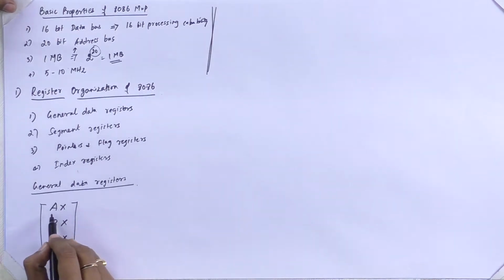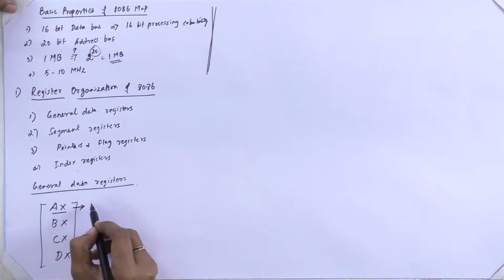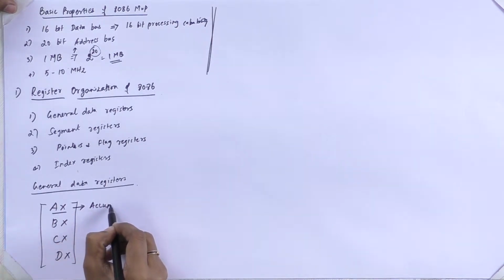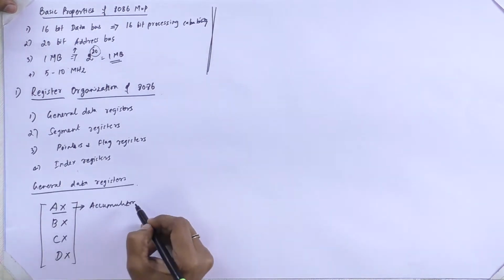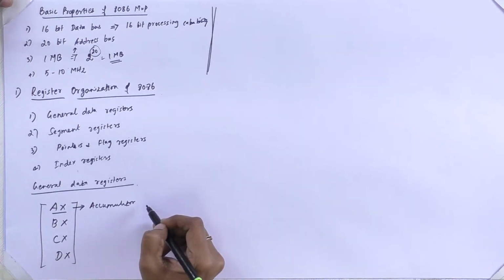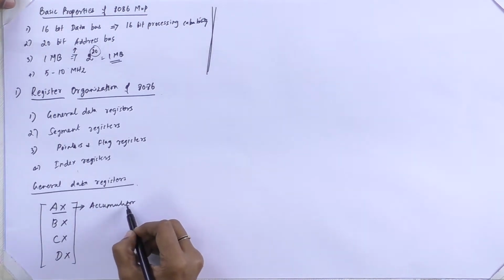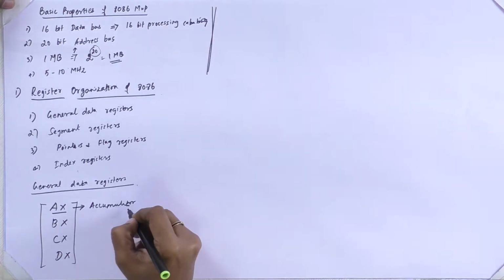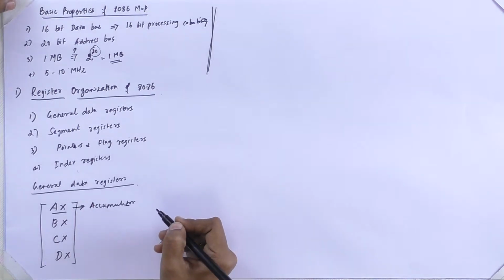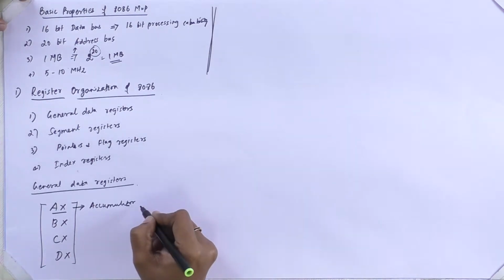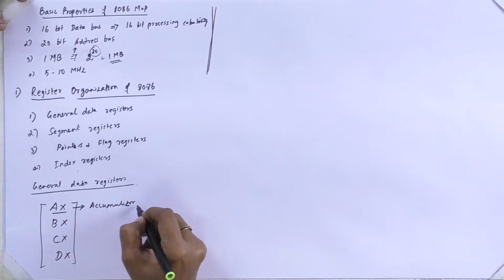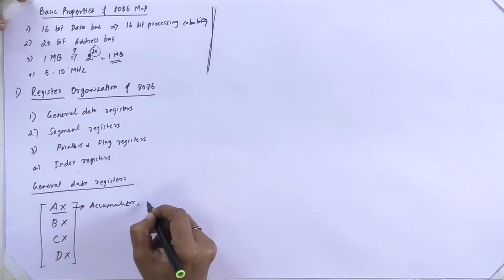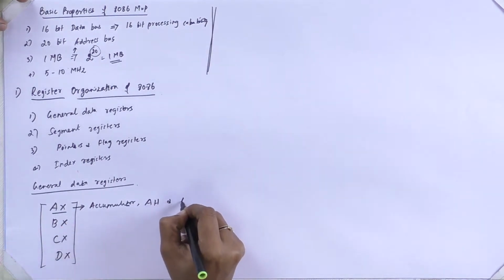This AX register is used as accumulator in 8086 microprocessor. This accumulator will hold data values of 16 bits, and if the processor wants to process any 8-bit data, that is also possible, such that AX is further classified into AH and AL.